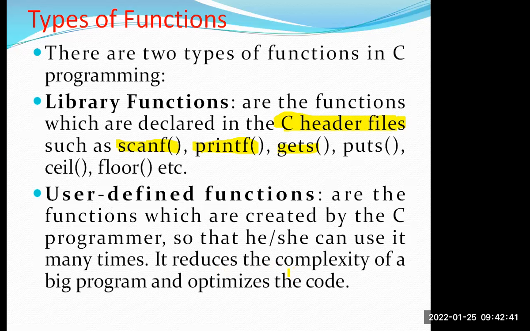Basically we make the program less complex by splitting it into smaller ones. The big program is divided and partitioned into a number of small programs, and combining all the small programs makes one big program.